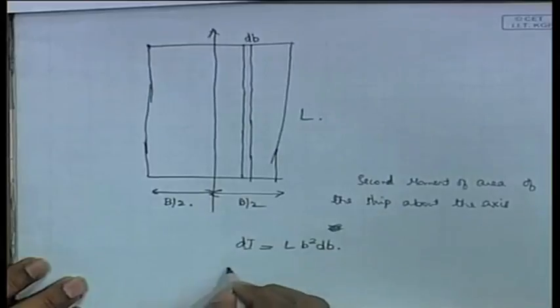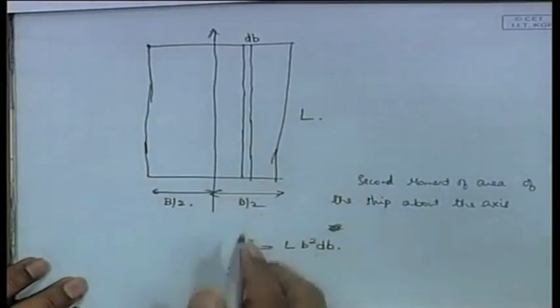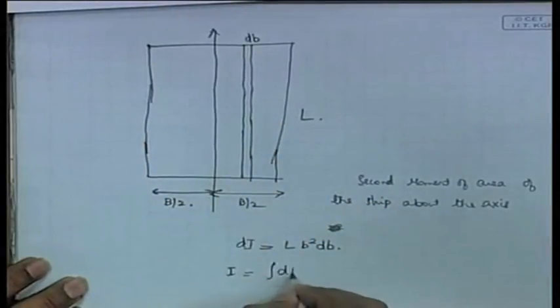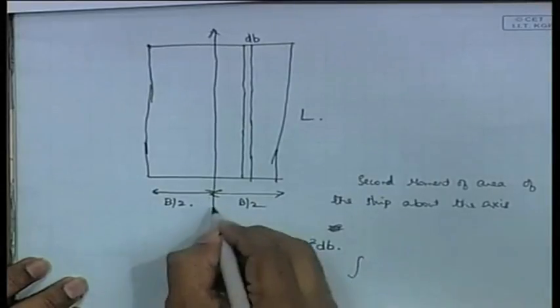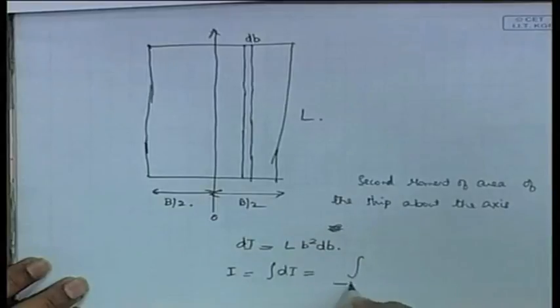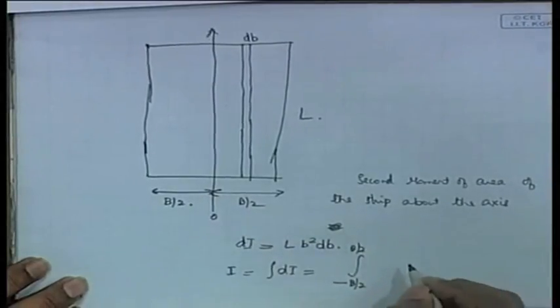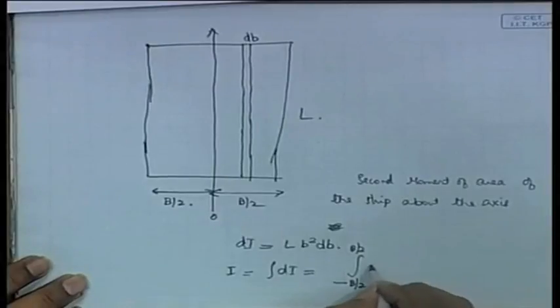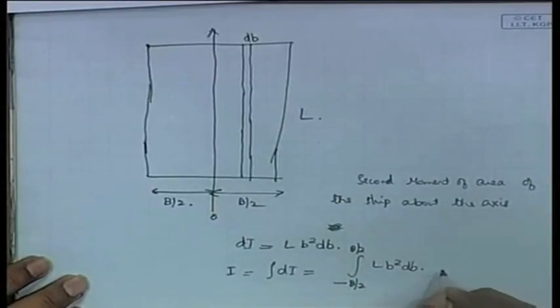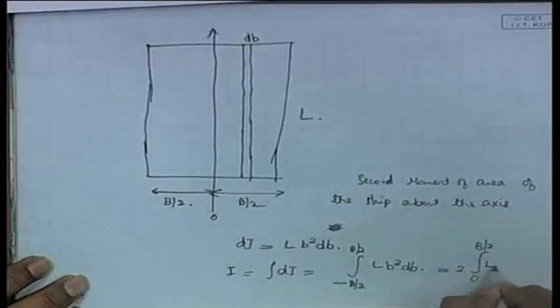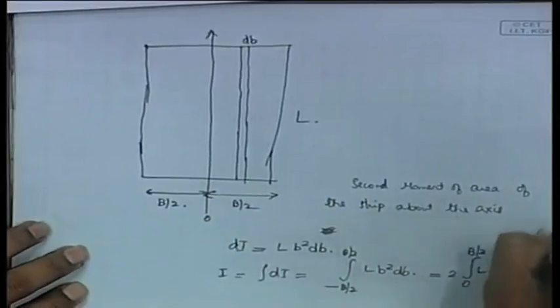If you want to find the total I of this entire body, it will be given by, let's call this 0. So okay, I'll continue here.